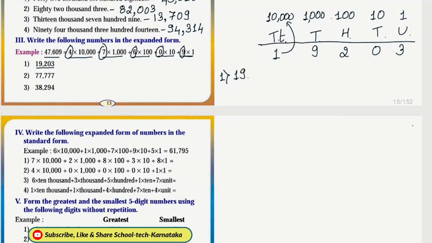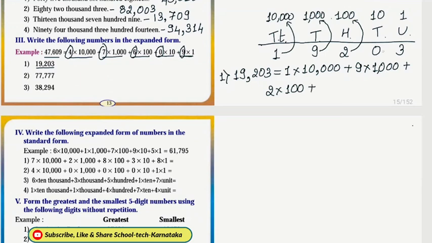For our first example, 19,203 is written as 1 into 10,000 plus 9 into 1000 plus 2 into 100 plus 0 into 10 and plus 3 into 1.